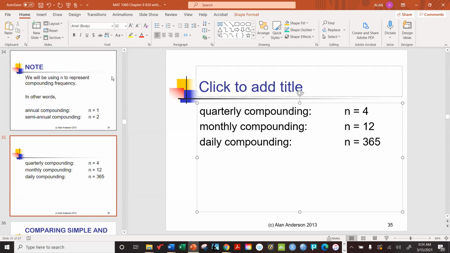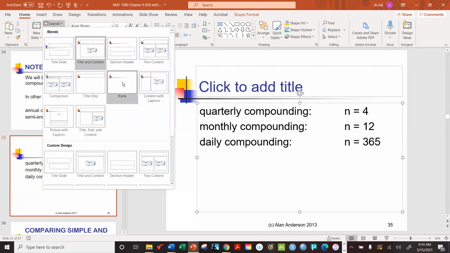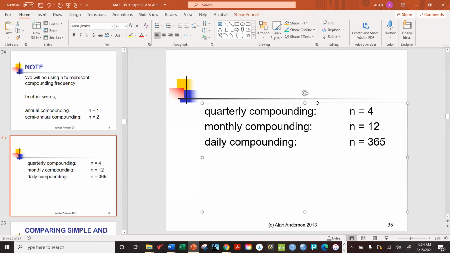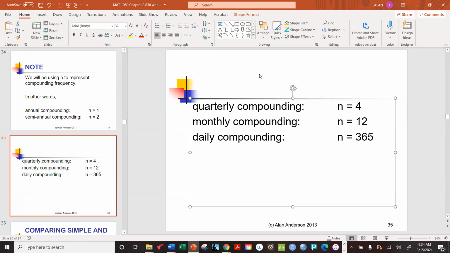Okay, so from now on, when you see that letter N, it tells me how many times a year the interest is being paid, or compounded as it's called. With that in place, every term in that formula is already known to us. It's just that it's a little messy.